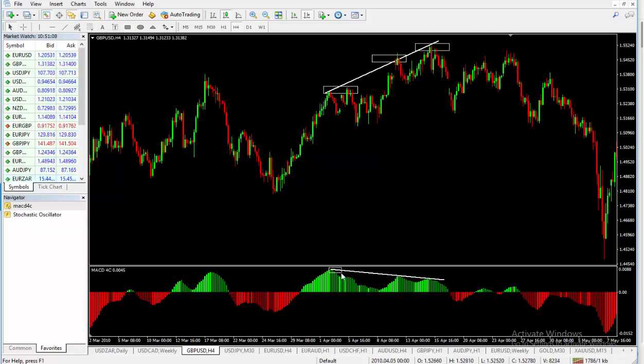See, that's divergence. When price on your MACD is falling, but price on your charts is rising. That's how you identify divergence, and the move that you get there, it's a sweet move. Get a nice move to the downside. All right.